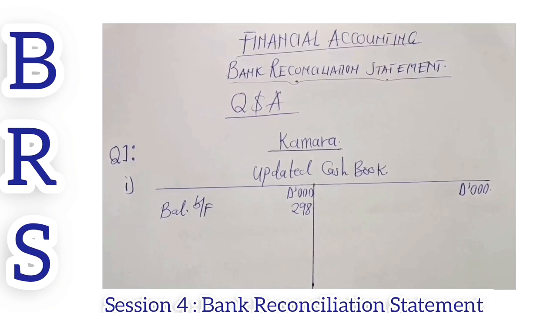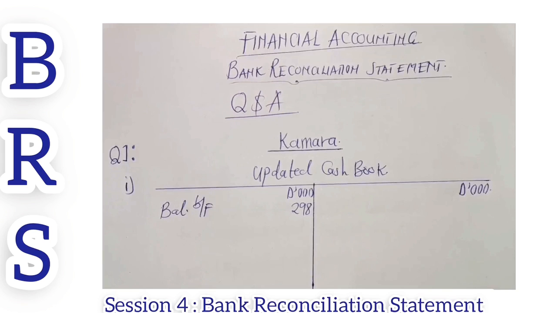So we are going to look at all items on the bank statement that cannot be found on the cash book of the customer. It is only on the bank statement but cannot be found on the cash book, not the opposite.